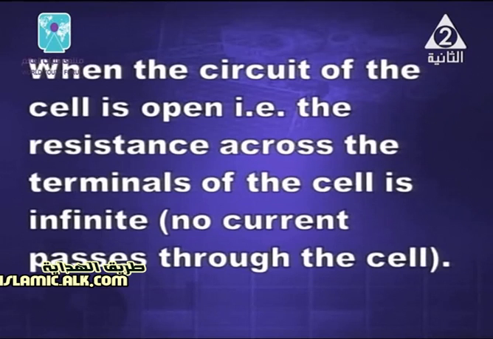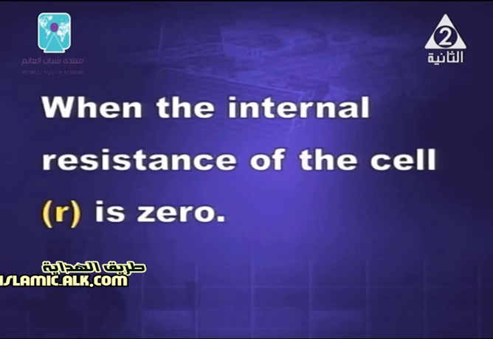That's to say, the resistance across the terminals of the cell is infinite. Infinite means no current passes through the cell, so the EMF of the cell is equal to its terminal voltage. Also, theoretically, it happens when the internal resistance of the cell is equal to 0.